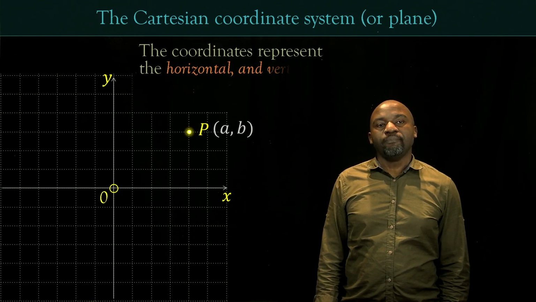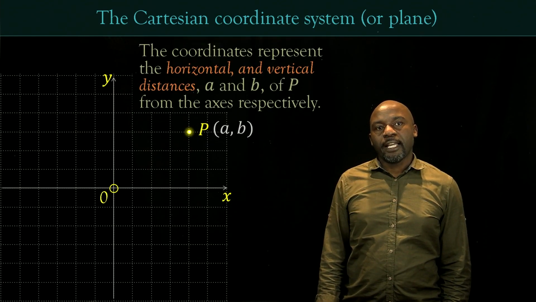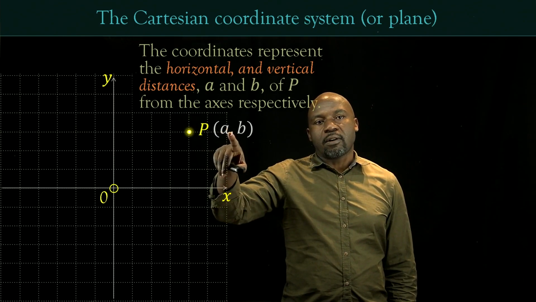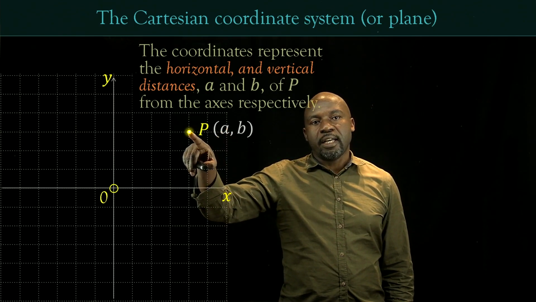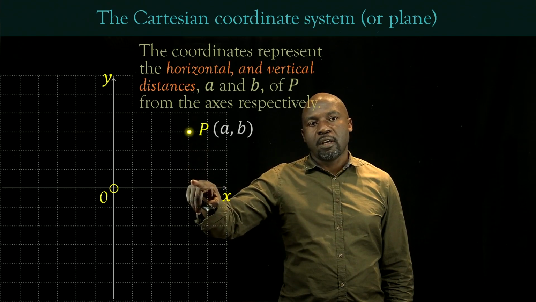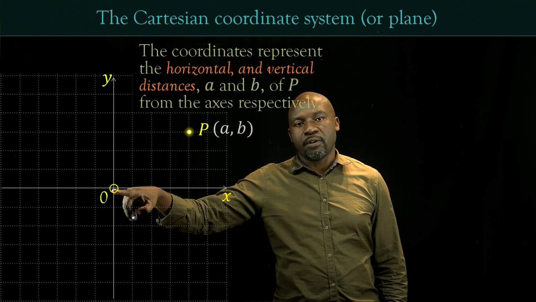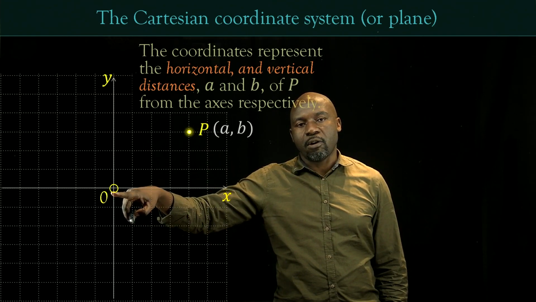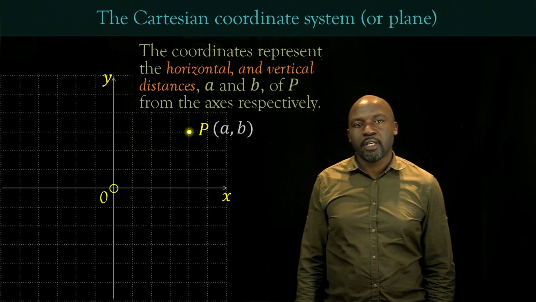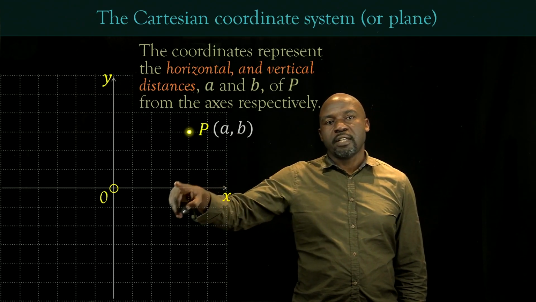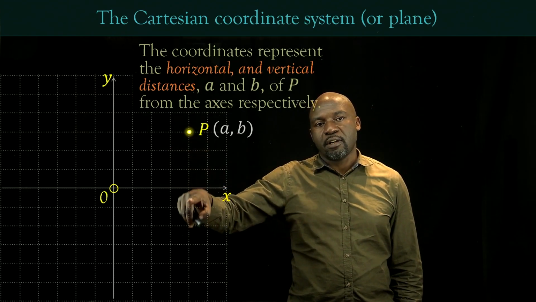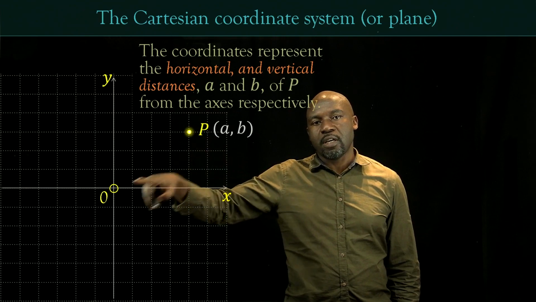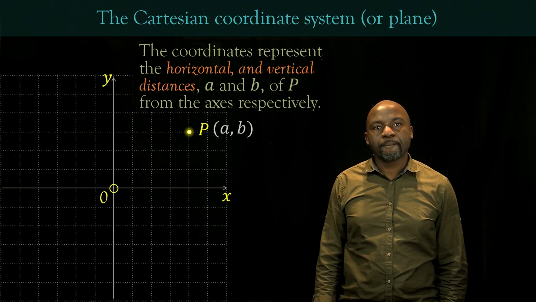Which is to say that the number A represents the horizontal distance of point P from the origin. So that is what A is, and B represents the vertical distance of point P from the origin, like this, okay?